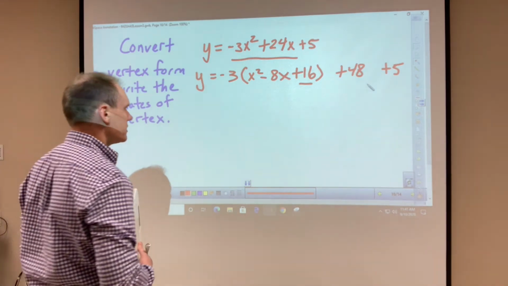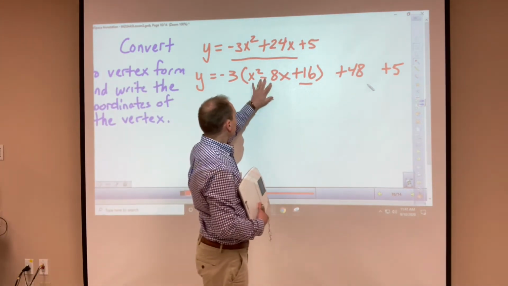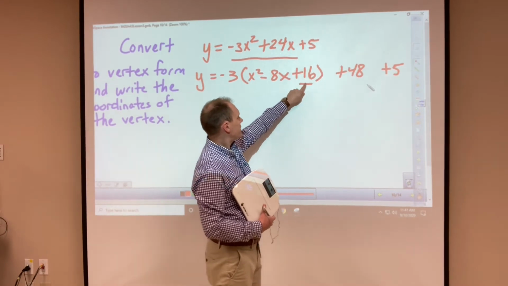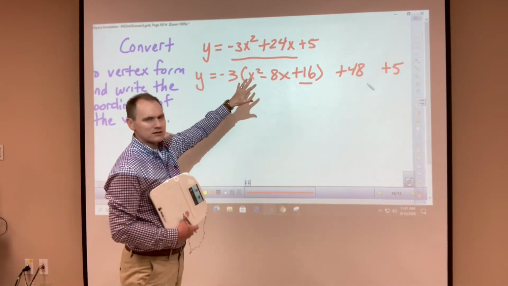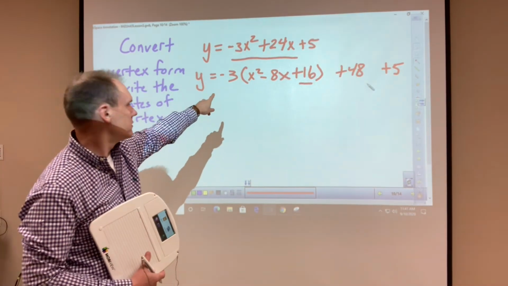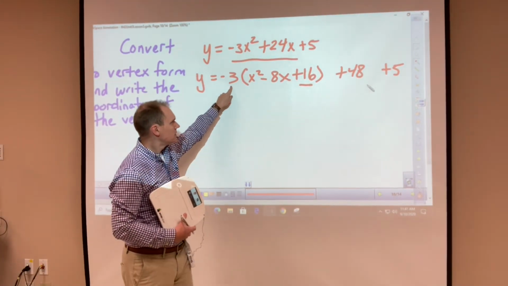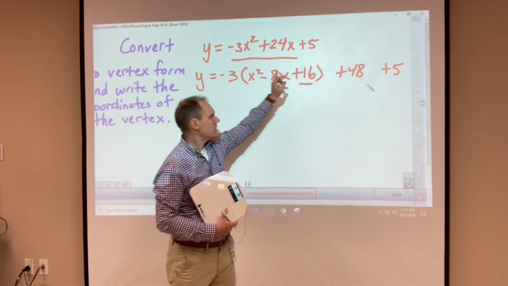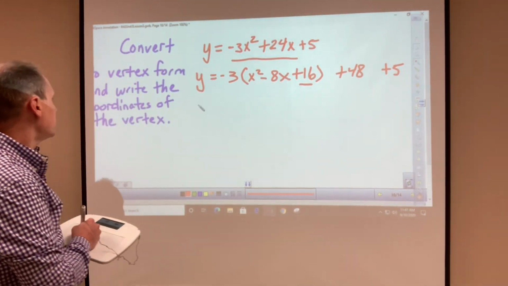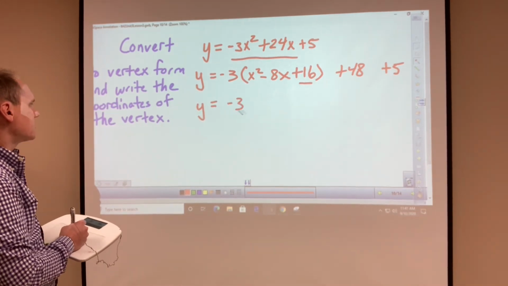All right, so just to recap. We completed the square like normal in here, but we had to think about what we actually added to the function, because of that negative 3 on the outside. Negative 3 times 16 is negative 48, so we had to add 48 to compensate. All right, so from there we can factor the parentheses.